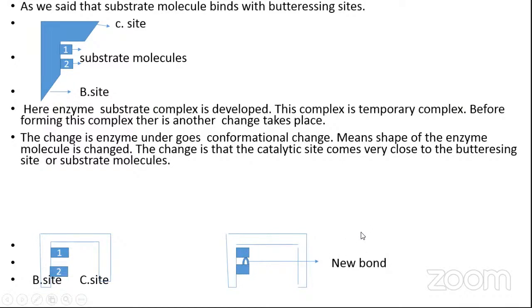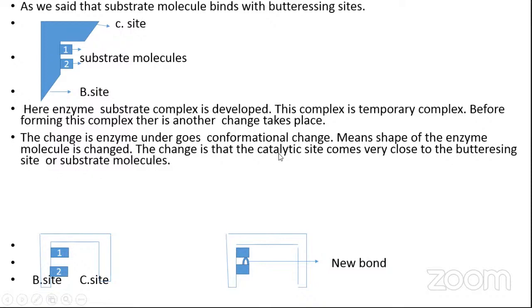The next point is, before the formation of this complex, there is one more important change. And what is that? That change is that the enzyme undergoes a conformational change, especially the catalytic site, which shows a change in its place. That means the shape of the enzyme molecule will be changed. How?